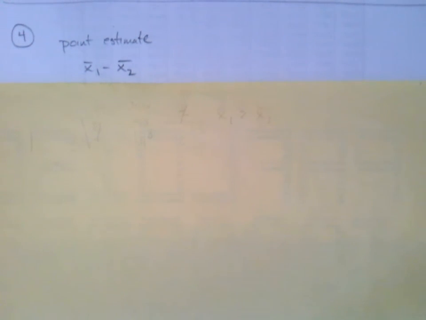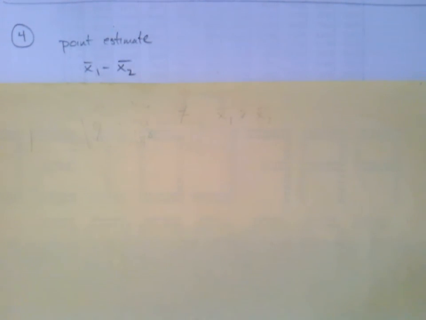So number 4 says, from the data on men and women's body temperatures, find the 95% confidence interval for the claim that men have a higher body temperature than women. And we'll round to 2 decimal places. Okay. So, of course, the 2 pieces of information you need for confidence interval are the point estimate and the margin of error.